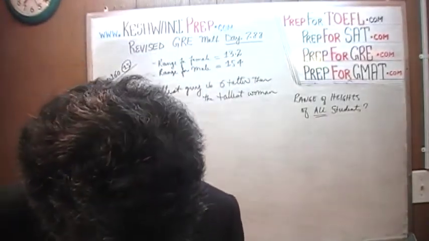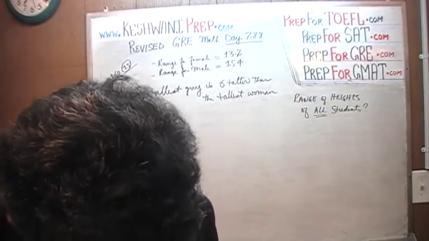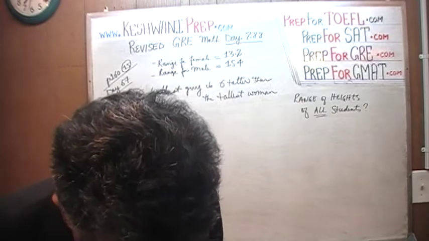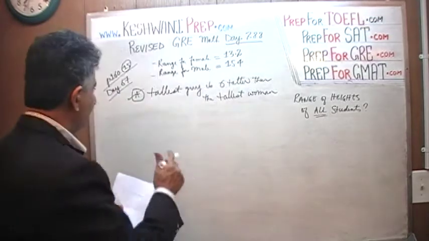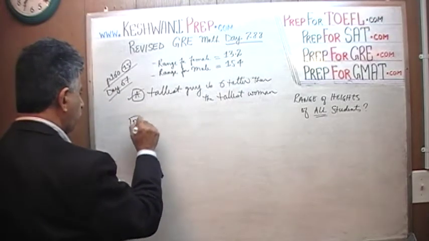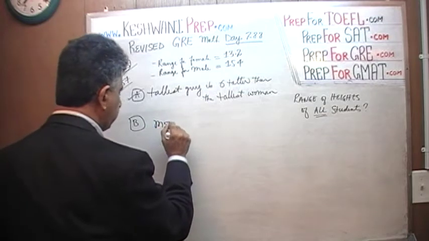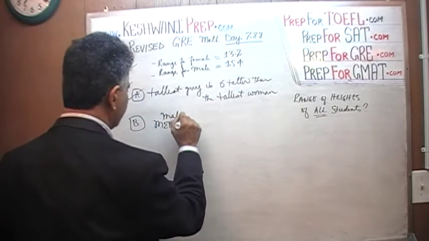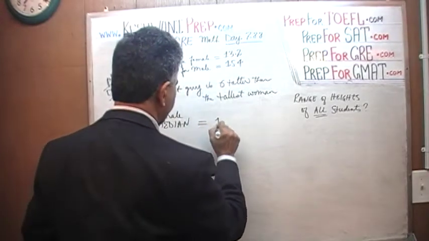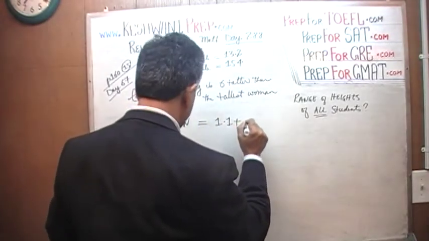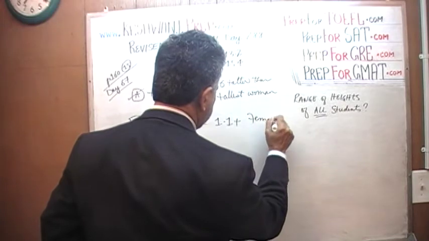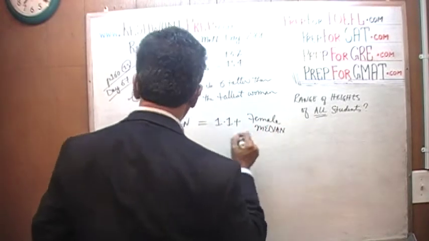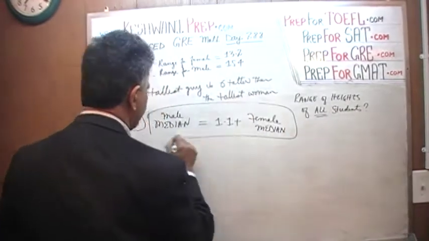In the second statement, they go on to tell us that the median height of the male student, the male median, is 1.1 inches more than the female median. This is what they tell us in the second statement.